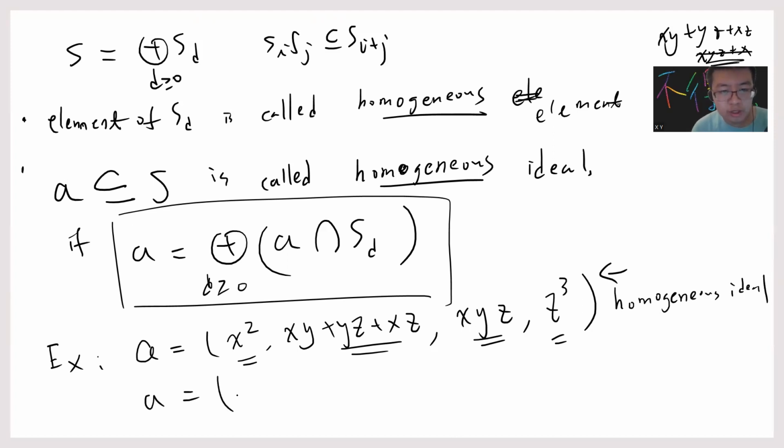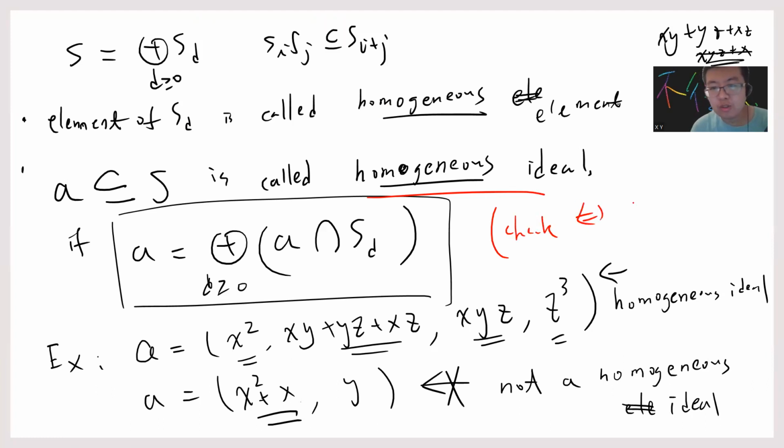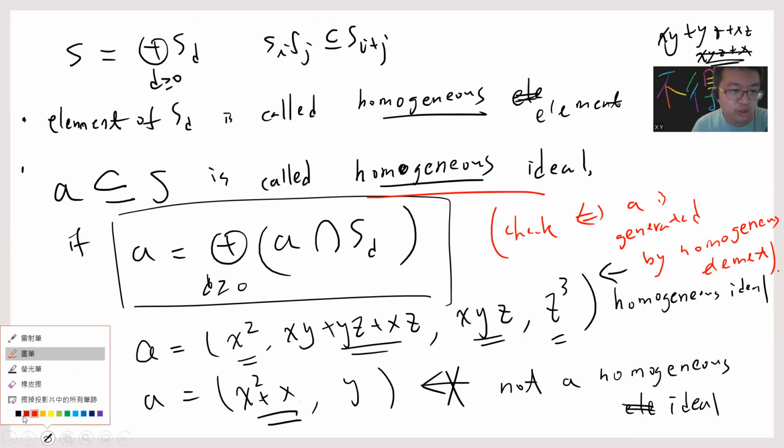And if your A is generated by x^2 + y, then this one is not a homogeneous ideal because this one is not a homogeneous element. Another simple definition is that you can check that A is a homogeneous ideal if and only if A is generated by homogeneous elements. You can try to prove it, but it's simple.